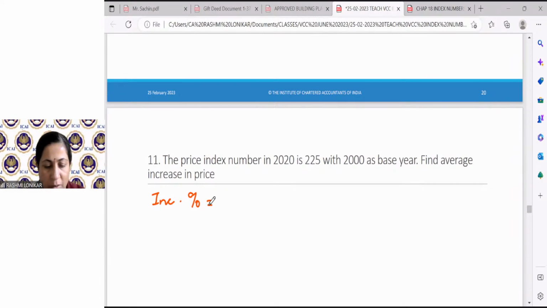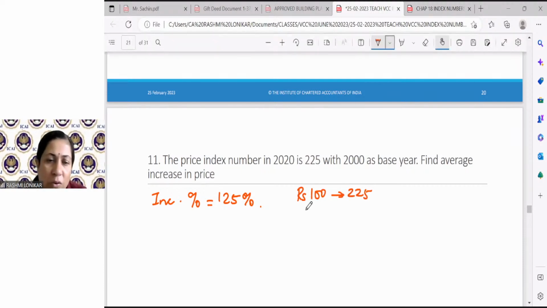Yes, very good. Devendra, Pramod, Kavya. Yes, very good. So this is equal to 125%. Same logic. Something that was costing me rupees 100 is now costing me 225. Okay. So what is with it is now it means increase in price.